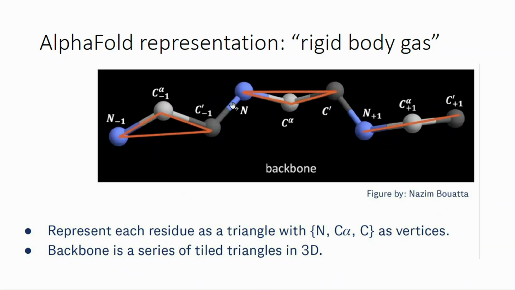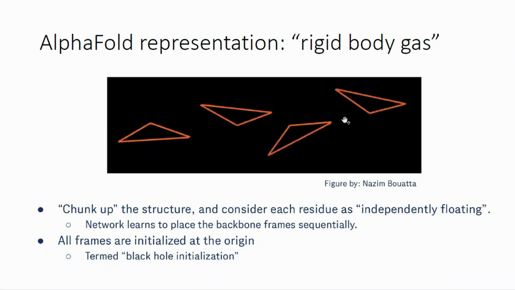We now break all these bonds here, and then we can consider the protein as a gas of rigid bodies, and the network just wants to know where to move these rigid bodies, assuming that we start by putting everything at the origin, and how we gradually move these rigid bodies such that at the end they move into the position that mimics the real protein.